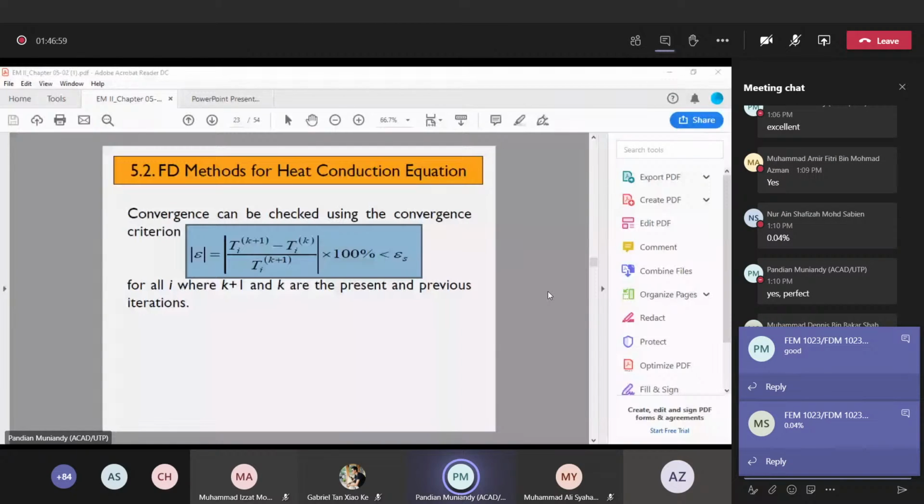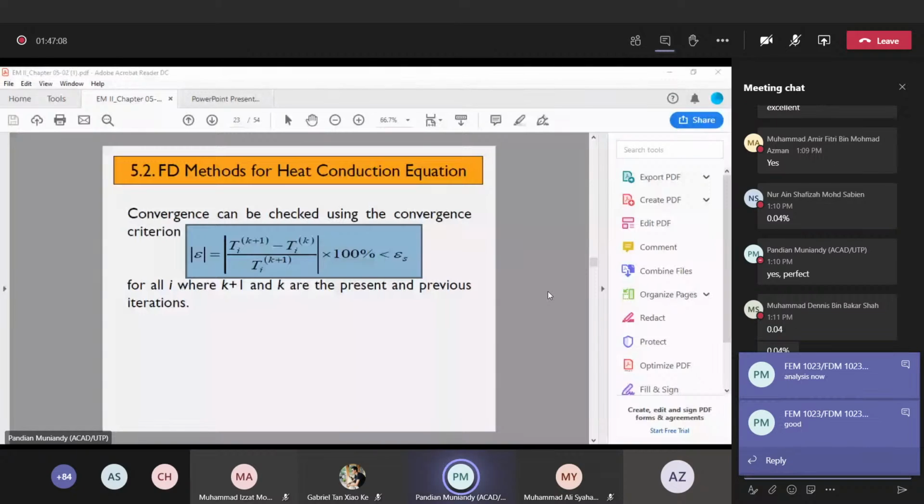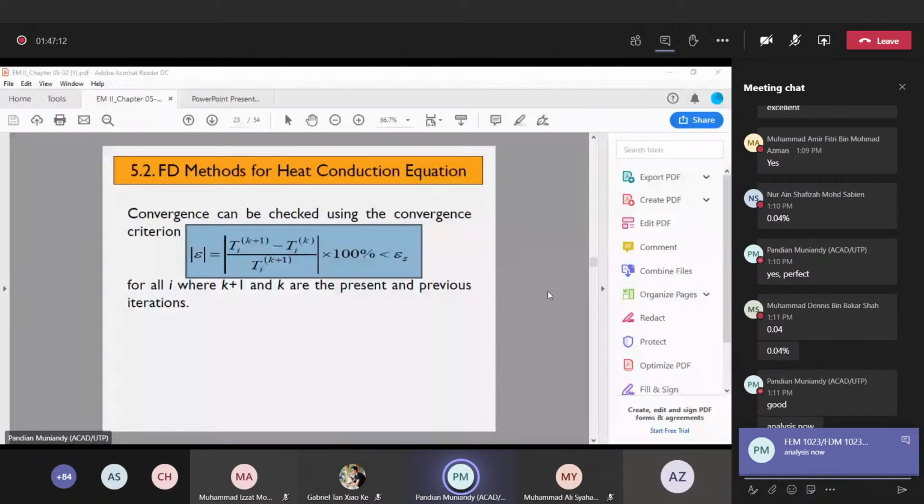Now we analyze. The T1 error is 0.04%. So T1 and T4, the errors are the same. T1 error is 0.04%, good.